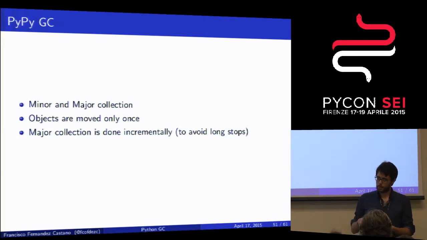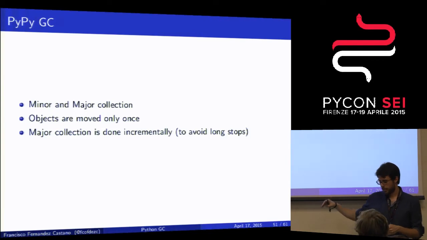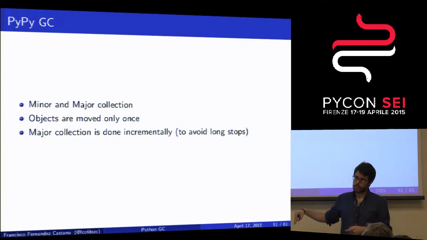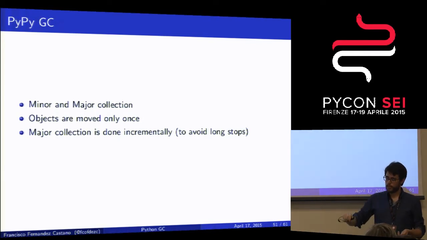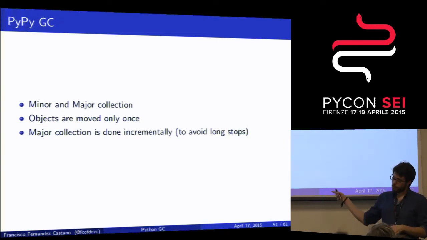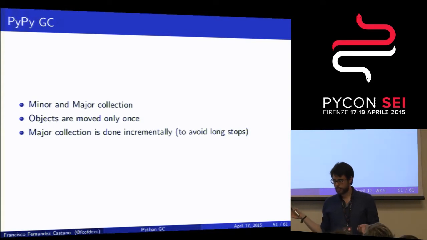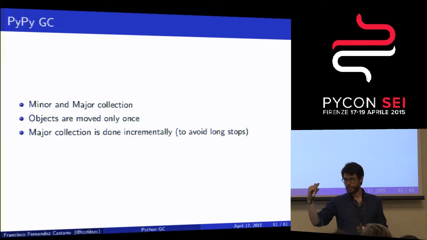Also, we have to take care of pinned objects because this is a special case. And if we mark an object, we have to allocate memory in the arena, in the old space for objects, copy this object and move it. And the objects that are not marked, not visited, we have to free. So this is why I put on the slide that objects are moved only once: if they live enough, they are moved from the nursery to the old space.